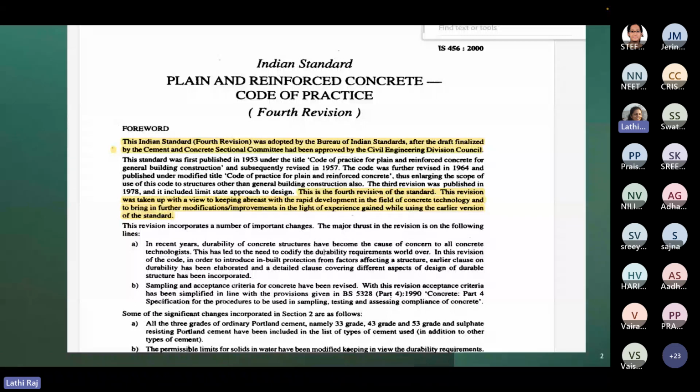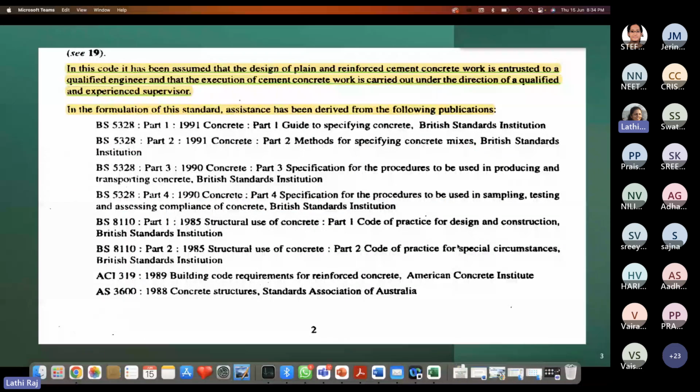Another interesting thing which you should read and understand in this code is that it has been assumed that the design of plain and reinforced cement concrete work is entrusted to a qualified engineer. It is not just any engineer, a qualified engineer. Any graduate is not a qualified engineer.